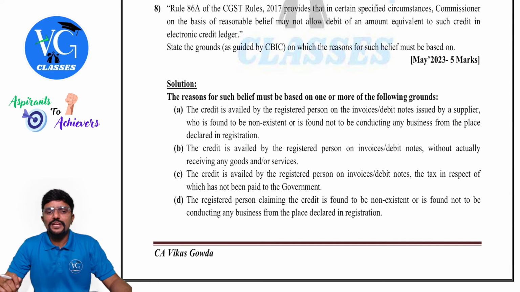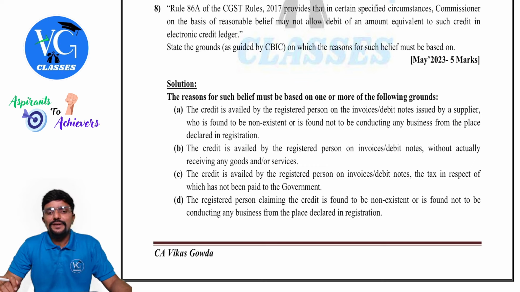The reasons for such belief must be based on one or more of the following grounds. First one, the credit is availed by the registered person on the invoices or debit notes issued by the supplier who is found to be non-existent or is found not to be conducting any business from the place declared in the registration.